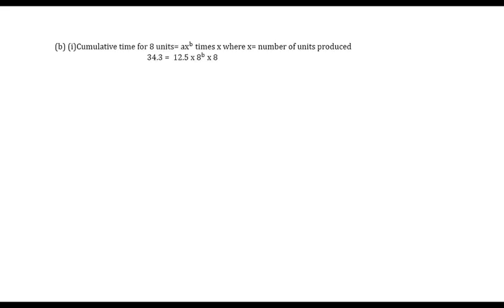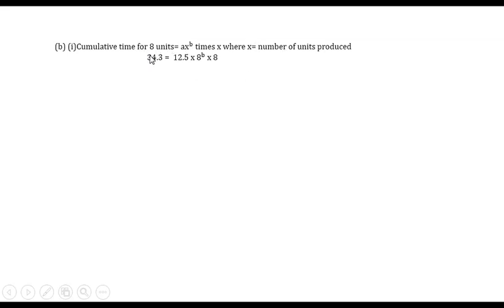So, to obtain the total time, we take the cumulative average time multiplied by the total number of units, as in part A. So this aX^b represents the cumulative average time. To obtain the total cumulative time, we have to multiply it by the number of units produced.